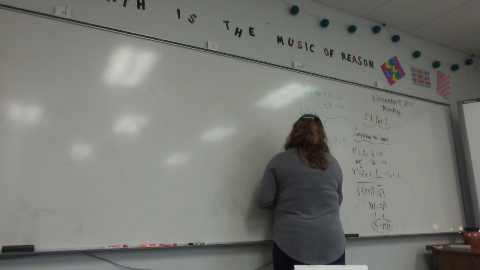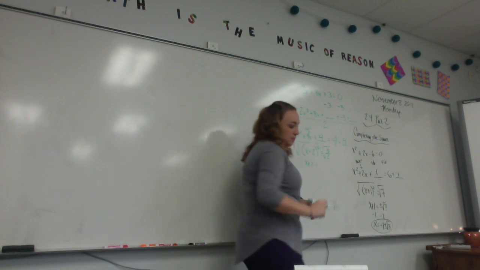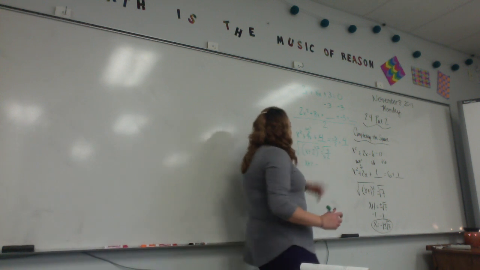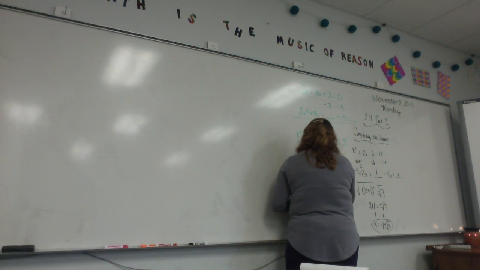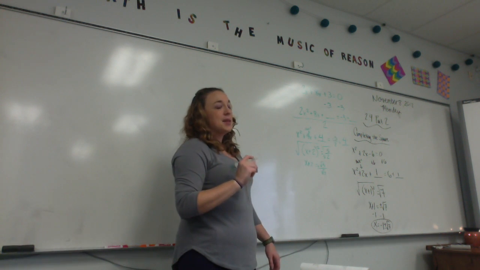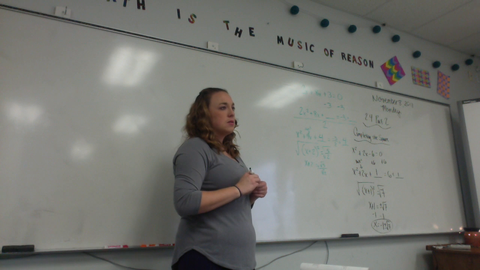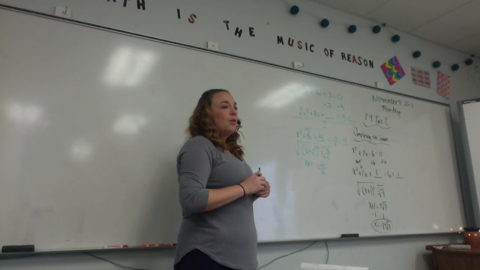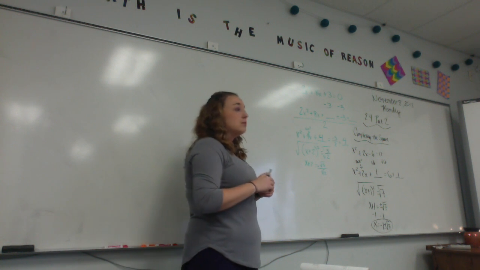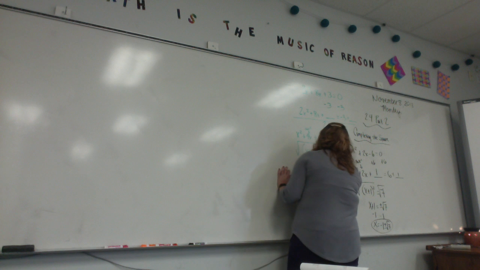So I get x plus 2 equals plus or minus radical 5 over radical 2. Now here's the deal. I have a fraction. What's wrong with that? I know I'm adding a lot of steps into this. What can you not have in the denominator spot? A radical. How do I get rid of it? Multiply it by radical 2 over radical 2.